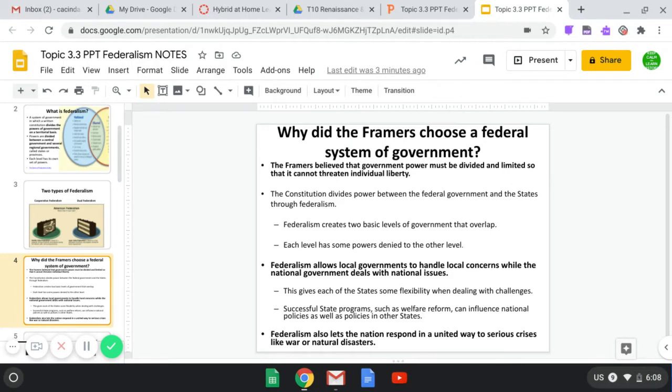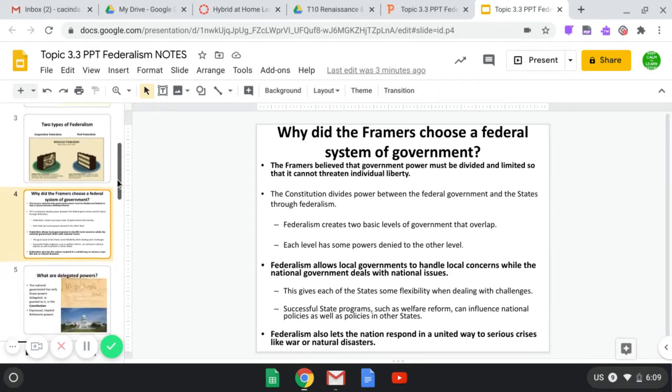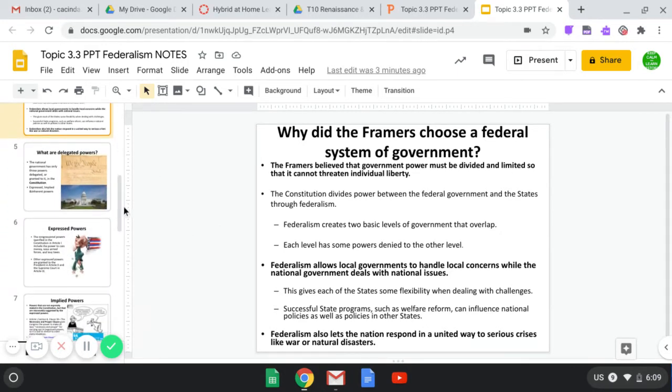That's why if you go from one state to another, you have different things, such as, the most obvious one is road systems. You may have certain laws in some states and not in others. So it allows that little bit of difference there. It also allows the federal government to respond to big situations quickly. Probably the easiest example would be like 9/11.